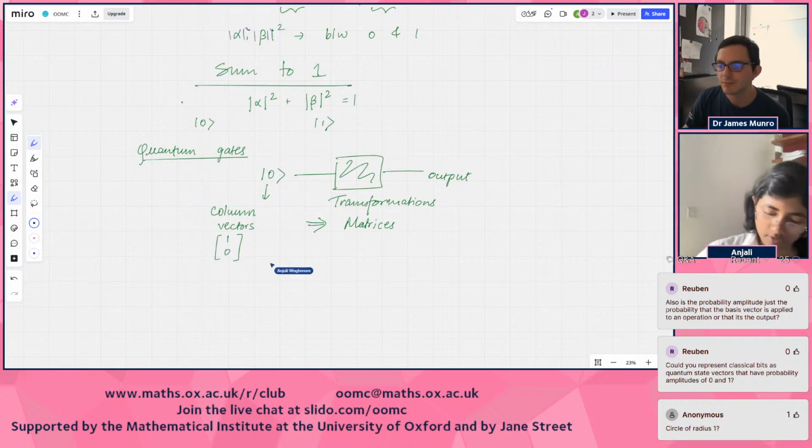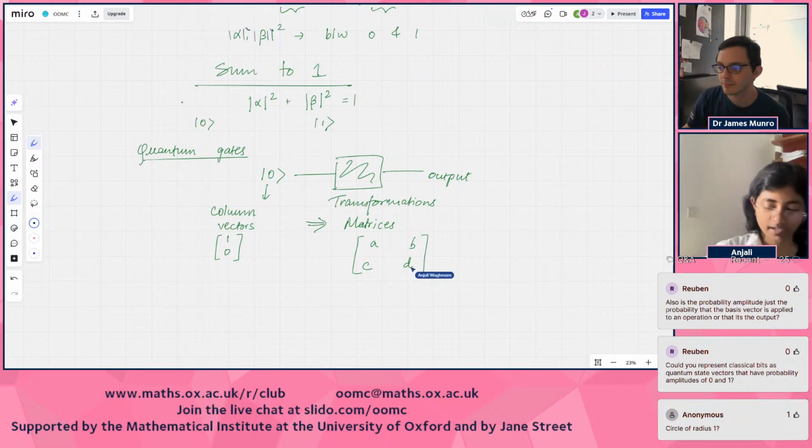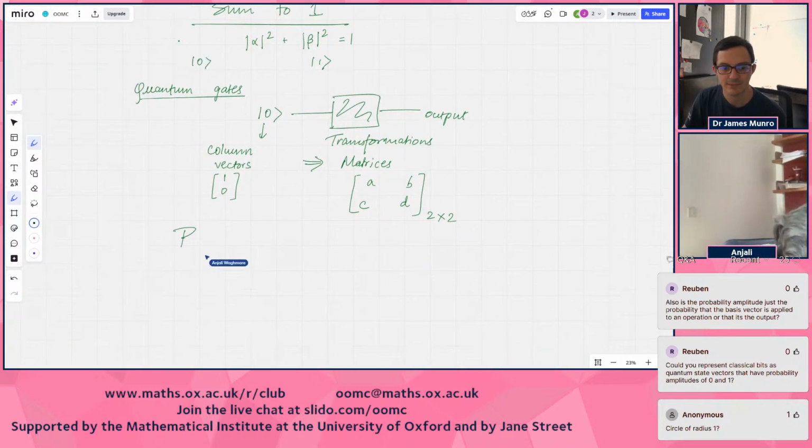So the transformations are represented by matrices, let's say A, B, C, D. We have a qubit thing, so it's a 2 cross 2 matrix. And these matrices act on your qubits. So let's look at an example of a quantum gate. We look at something called the Pauli X gate.